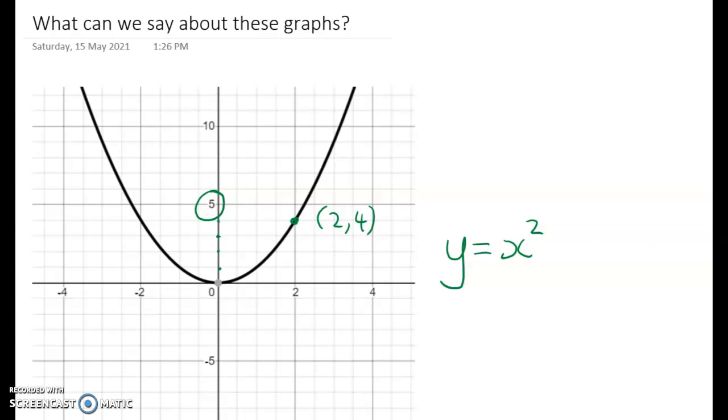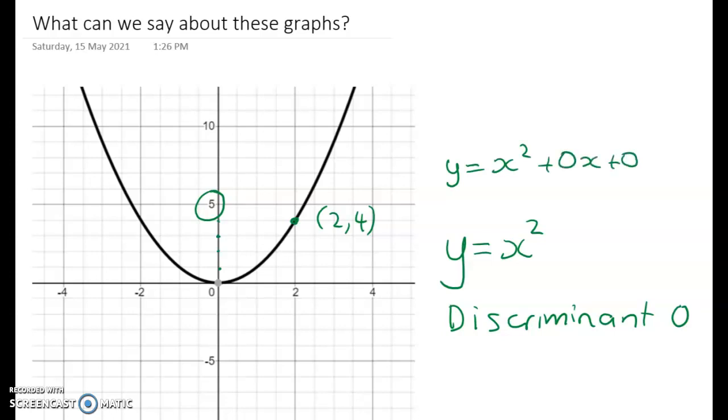What else can I say about that? Well, it's touching at one point. It doesn't cut through the axis, so it has a discriminant that is 0. And we can see that because y equals x squared plus 0x plus 0.